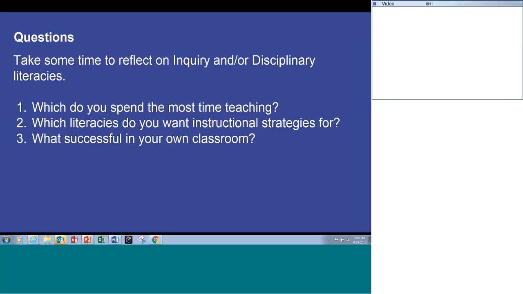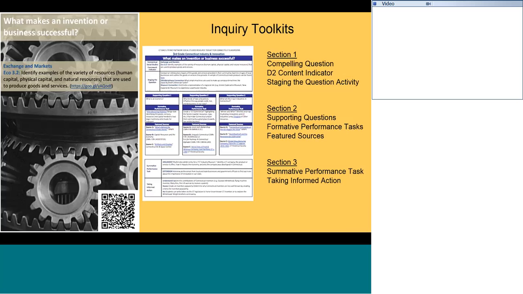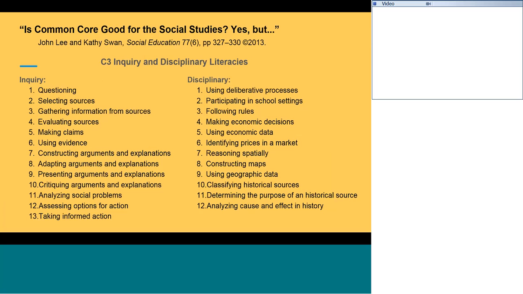I'm going to refer you back to an earlier slide from the presentation where we listed the C3 inquiry and disciplinary literacies. Those were the 25, the long list that Tony had referred to. We're wondering, to the people listening, which of these literacies do you spend the most time teaching? Feel free to chat in any responses.